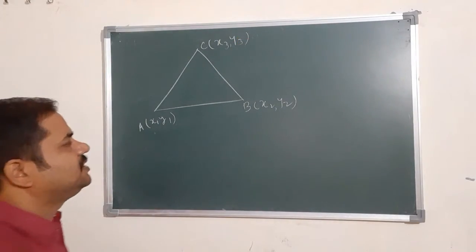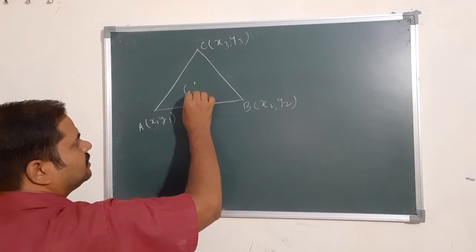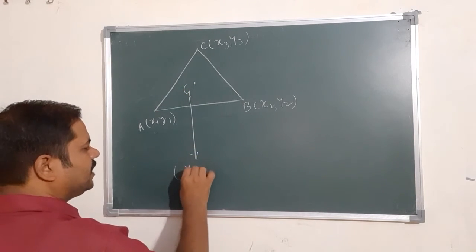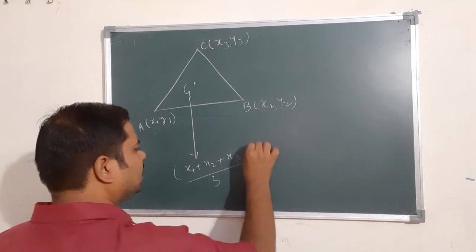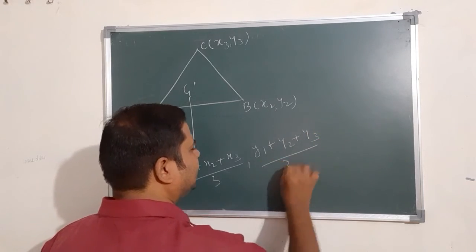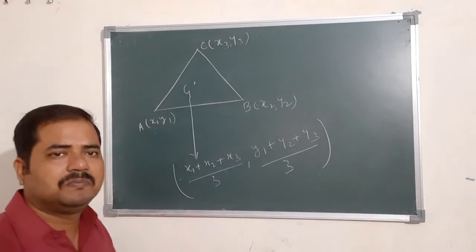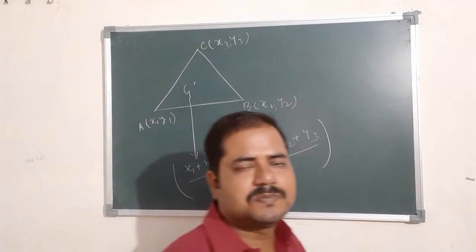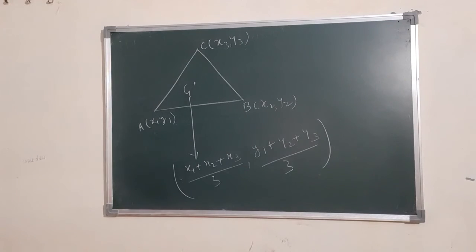Then the centroid G is x1 plus x2 plus x3 divided by 3, and y1 plus y2 plus y3 divided by 3. Now we see how it will come. What is the proof of this centroid formula? First of all, note it down.